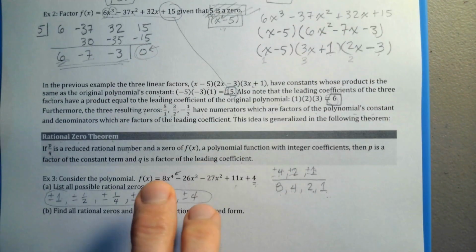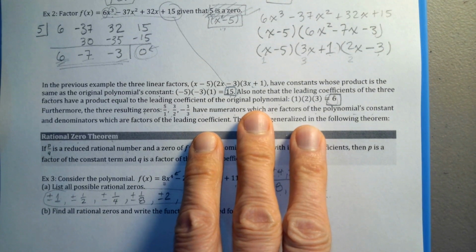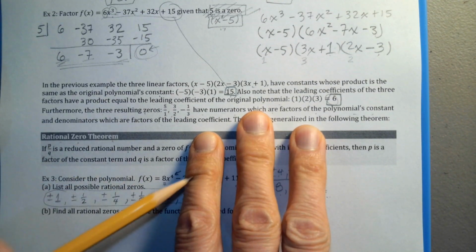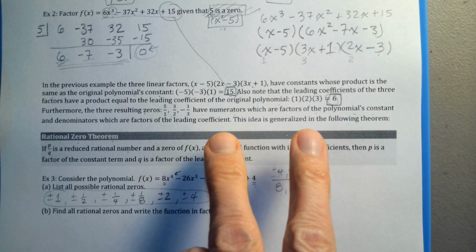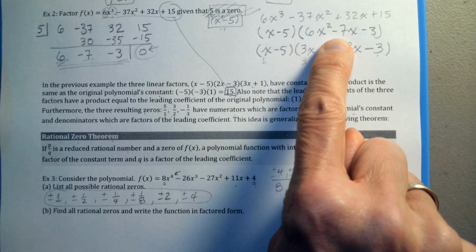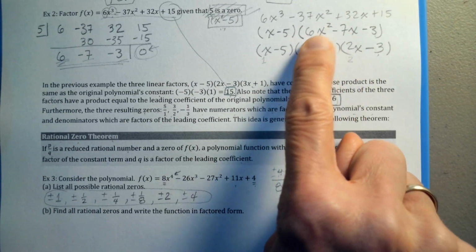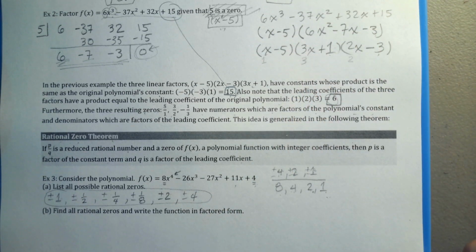So if we're starting with degree 4, let's say we find a zero, we're going to have a depressed polynomial of degree 3. We have to find another zero, divide again, and then we'll get a depressed polynomial of degree 2, which is kind of like what we had here. And then we'll be able to factor it or use the quadratic formula to find the other zeros.